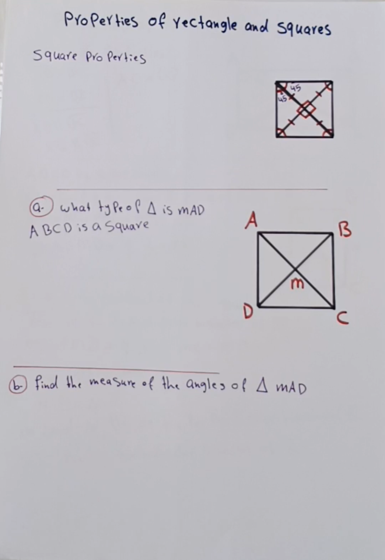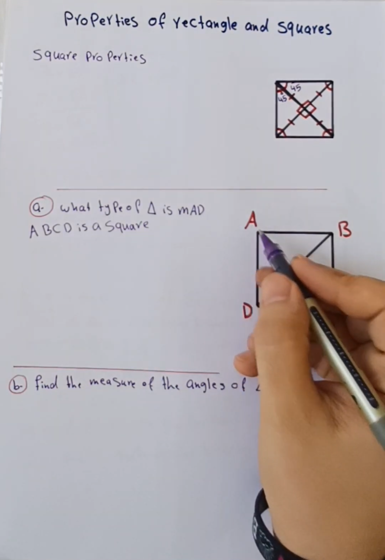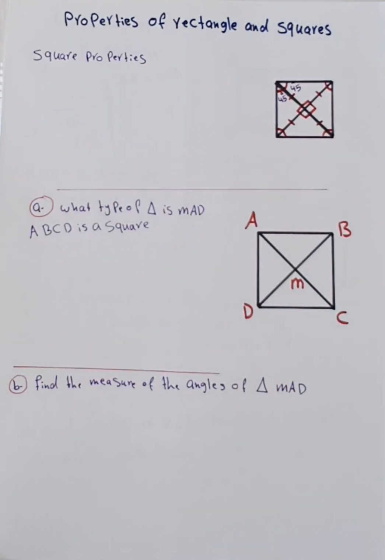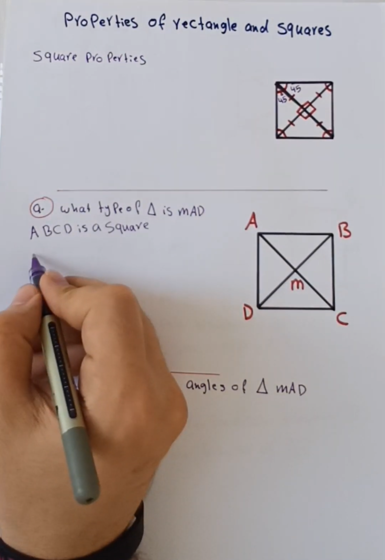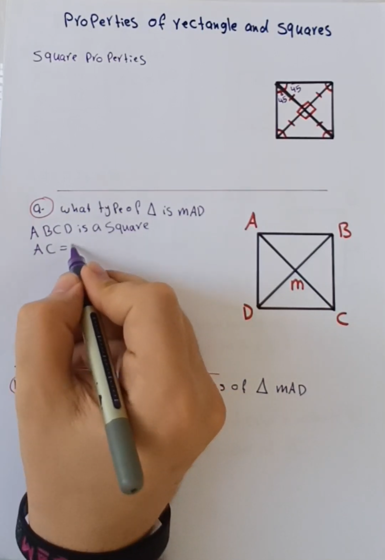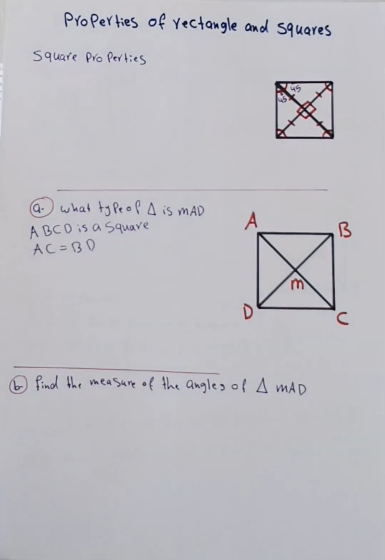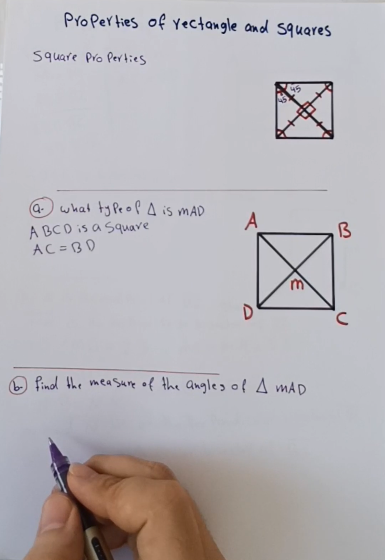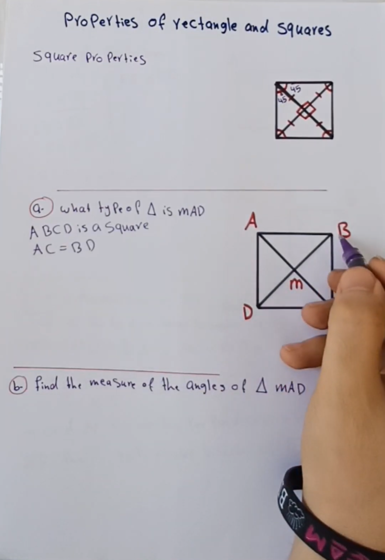And then AC equal to BD because the diagonals are congruent. So half of AC equals half of BD.